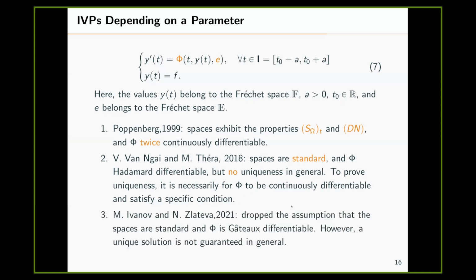And much more recently, this result was improved, though I don't know if it is complete, because here we dropped the assumption that the spaces are standard, and we consider functions that are Gateaux differentiable, which is much weaker. But here we don't have a unique solution. So now we aim to solve this problem using the theorem. We consider arbitrary Fréchet spaces, and phi is continuously differentiable in the Gateaux sense.